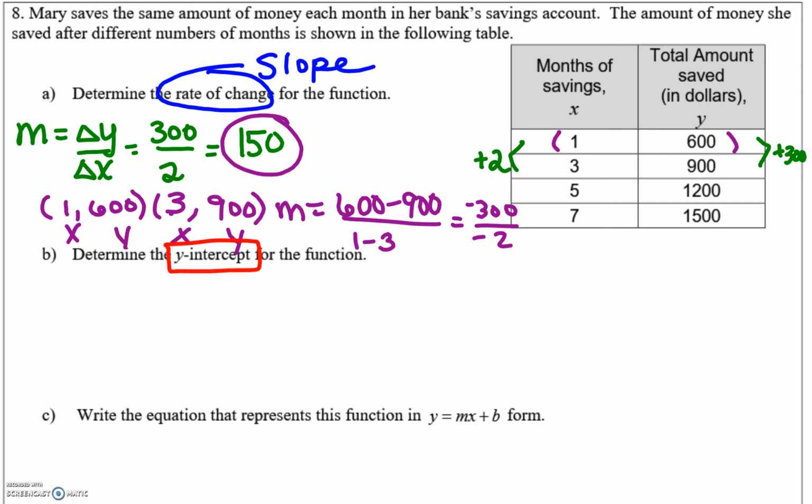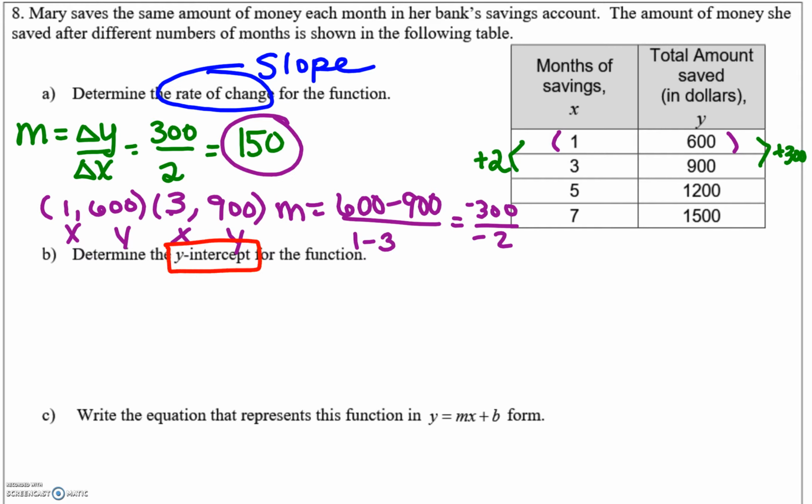Or you could do it algebraically. Algebraically, we need a point. So I'm going to pick the first point, 1 comma 600, and I need my m term from the problem before, which is 150, in order to find my b. By doing y equals mx plus b and substituting in your values, you could get your b term.